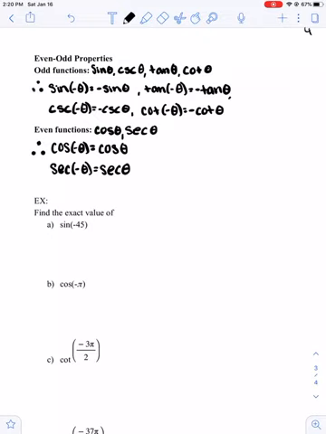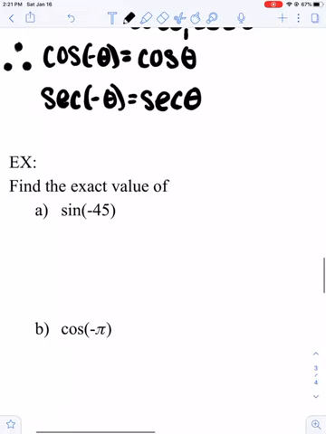Even functions are cosine and secant. And that means if we have cosine of a negative angle, it's just cosine of that angle. It just becomes positive. So looking at our examples, we'll start with sine of negative 45. And our property shows us that negative can come out front.